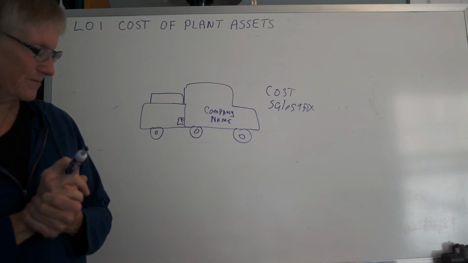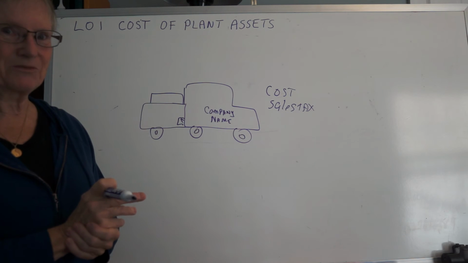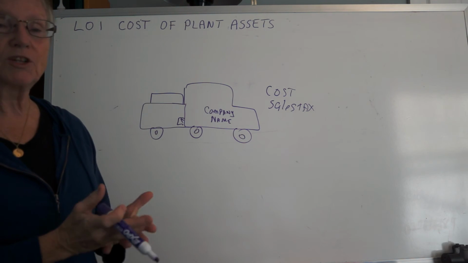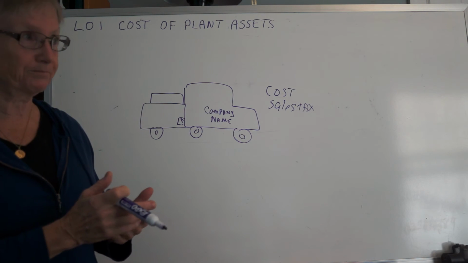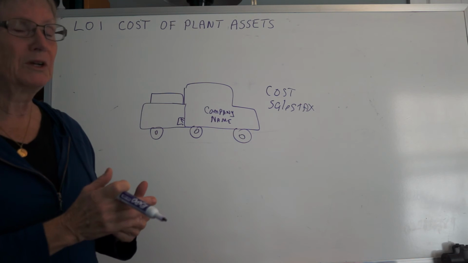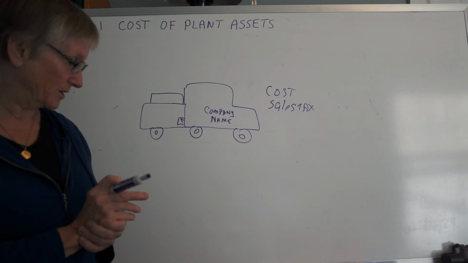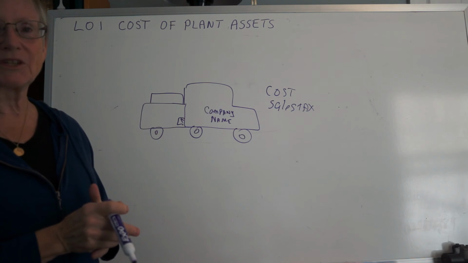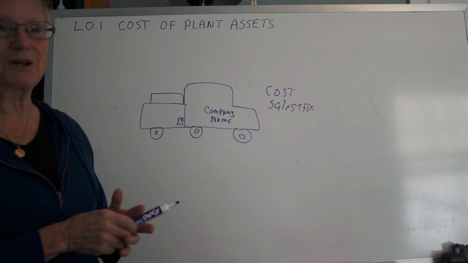Okay, machinery: exchange price paid, plus the cost to get it ready for its intended use. With machinery, that would probably get shipped to you, so that would include shipping costs to get it to you. Also insurance while it's in transit, in case the truck tips over on the way. Then with a machine you have assembly and installation, and then you have testing, and that can run up considerable costs.